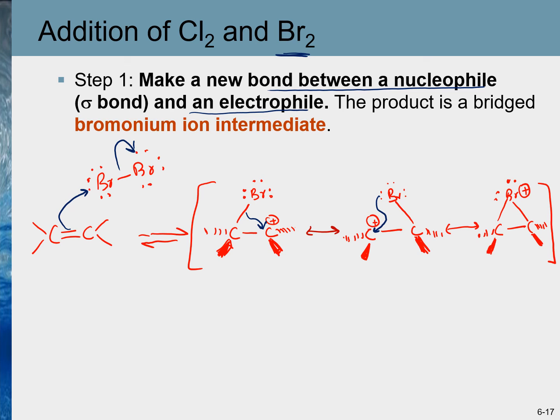Okay, so these are the three contributing resonating structures. And out of these three structures, the first two structures are the major contributors, and the third structure is the structure which is responsible for retaining the geometry of this bromonium ion.